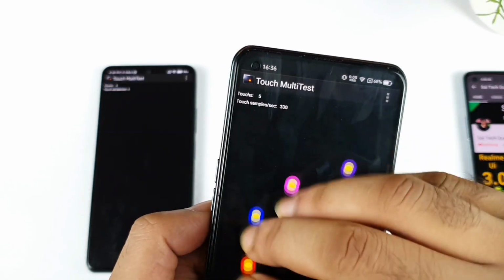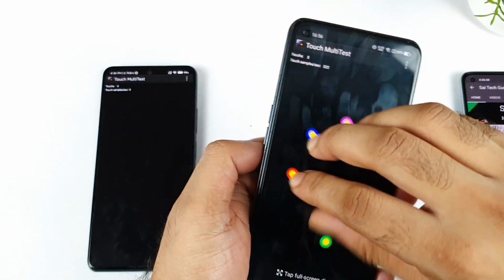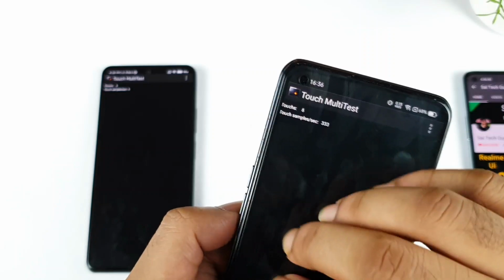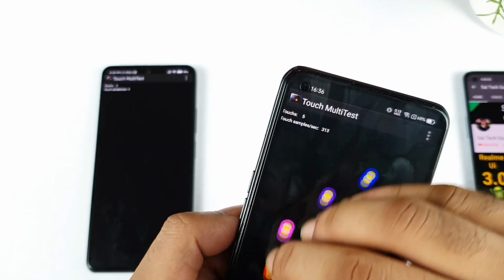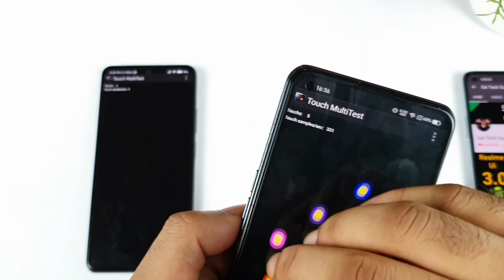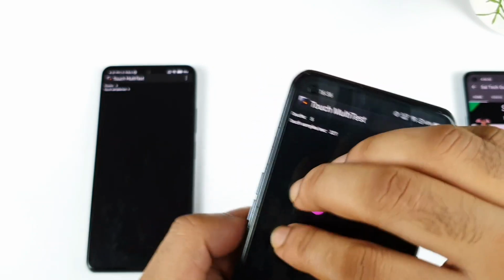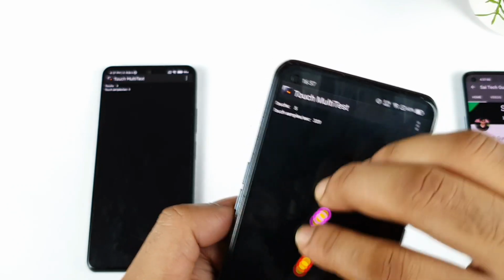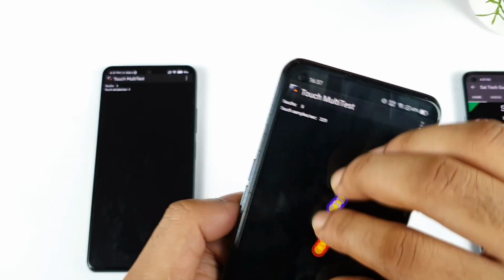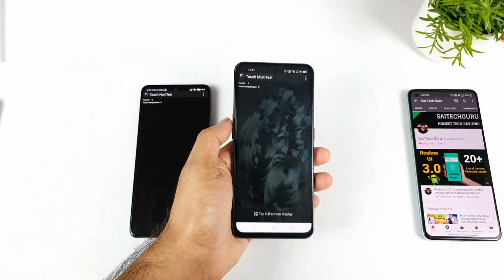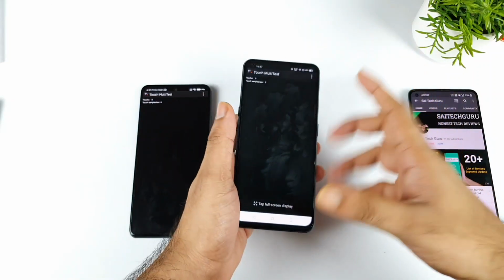And now five touch inputs. The number did not decrease much; it was close to 330. As you can see friends, not bad. It maintained 330 minus 120 Hz refresh rate, so about 210 touch sampling rate, even with five finger gestures in the Realme X1 Max.